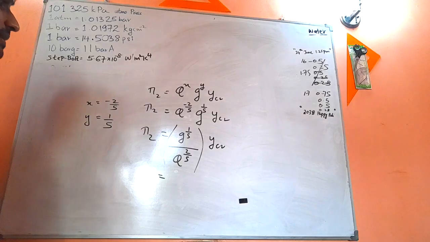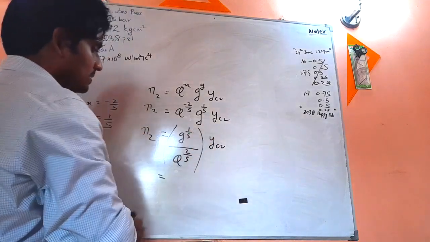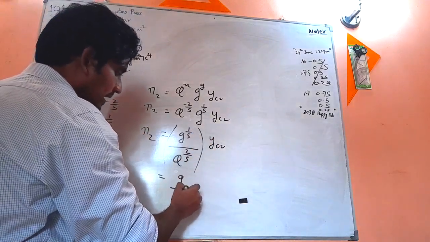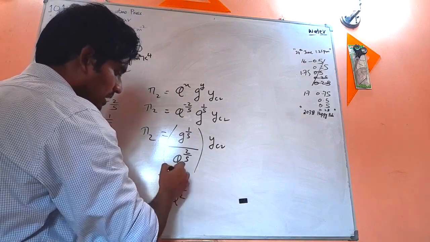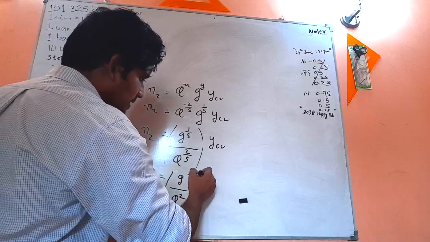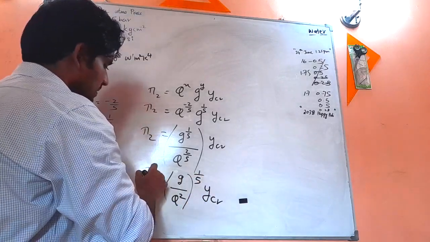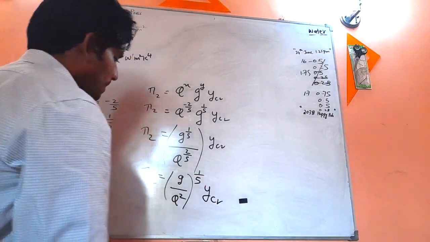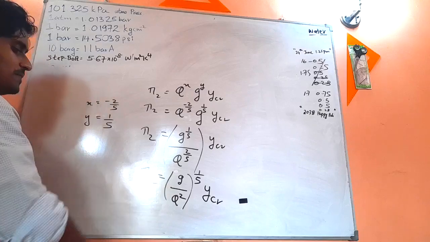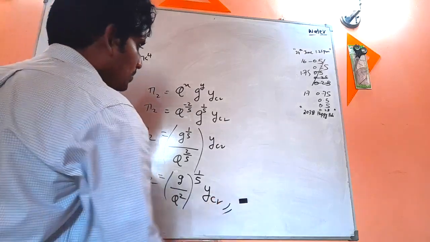Now we can take 1 over 5 as a factor: g divided by q squared, to the power 1 over 5, times y critical, equals phi 2. Hope you have taken these answers.